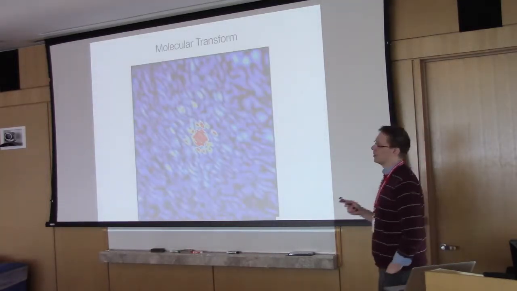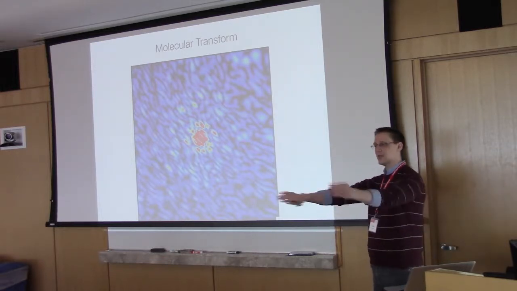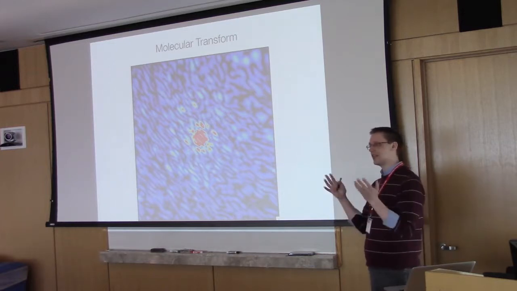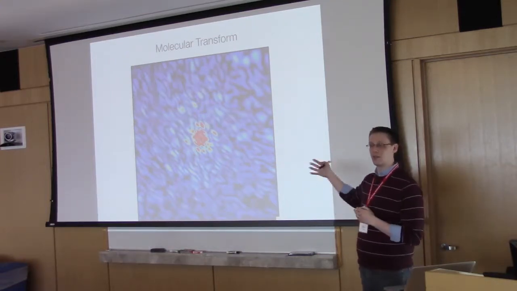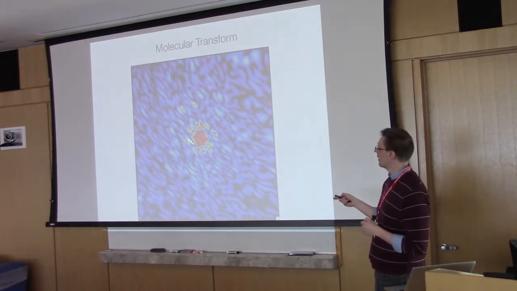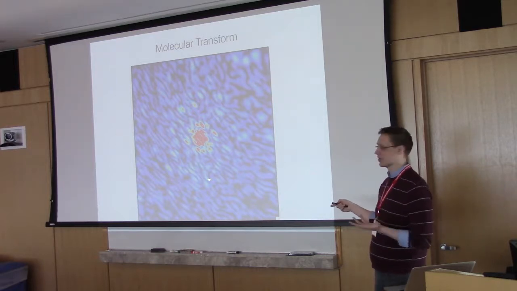So this is what we call a molecular transform. So a molecular transform is a three-dimensional view of reciprocal space. So if you took the Fourier transform of the electron density function of your molecule, you get something like this, but in 3 dimensions. Okay, so this is a 2-dimensional slice, and so what we have is at small angles, we have this big bright blob, and all of these sort of, as Richard mentioned earlier, a speckle pattern is what we typically call it.